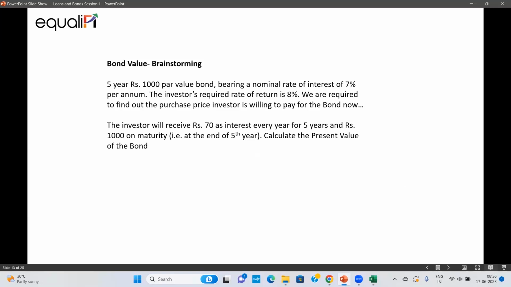I have actually given a clue here. With a 7% coupon rate and YTM of 8%, on a 5 year bond, we have to find the price that the investor is willing to pay for the bond. Calculate the present value of the bond quickly.